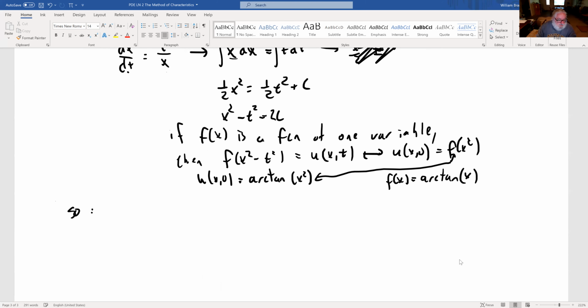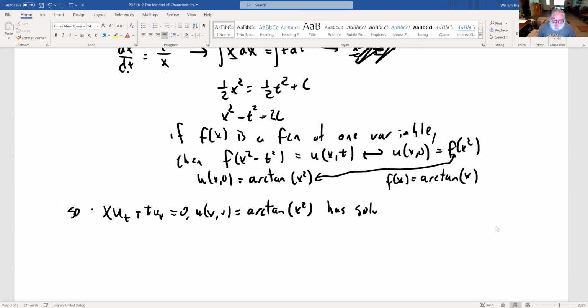So what's my solution to x u_t plus t u_x equals 0, with u of x comma 0 equals arctangent of x squared?